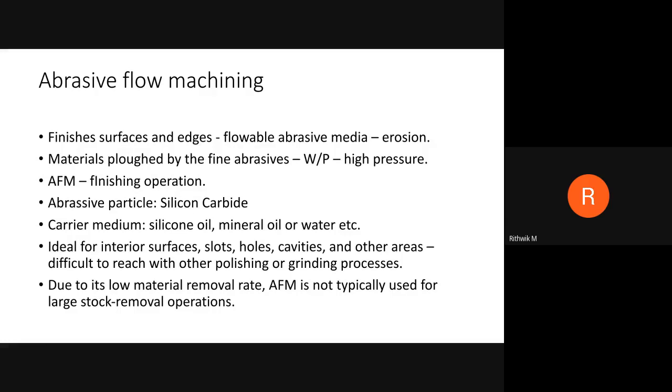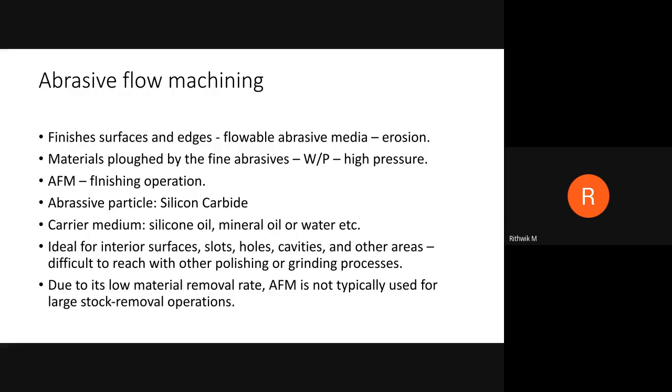Now we are considering micro level or nano level machining operations. There, this particular process is abrasive flow machining. Not abrasive machining, but abrasive flow machining. That means this is a type of machining where abrasives are used, and also the term flow.